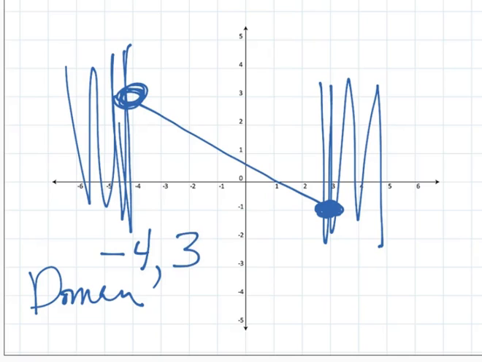Now, that's hard for you to see, I get, but what I want to talk about is parentheses and brackets. That open circle at -4, that's a parentheses. Closed circle at 3, that's a bracket.